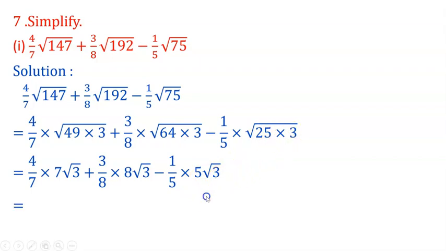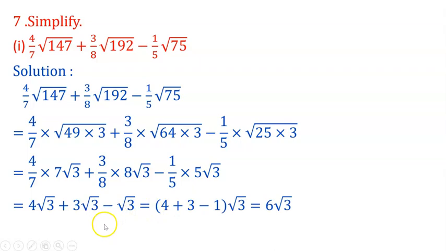Okay. Now next, again the simplification. Here 4 root 3 plus 3 root 3 minus root 3, because here 7 and 7 get cancelled, 8 and 8 get cancelled and 5 and 5 get cancelled.